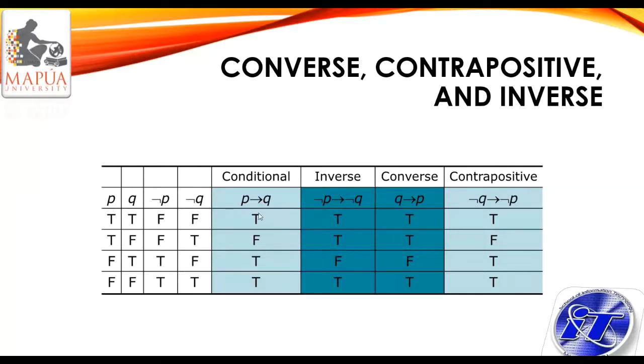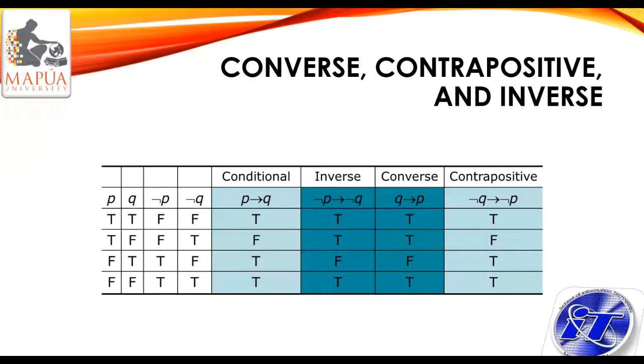P implies Q is the same as not Q implies not P. So we could write P implies Q as not Q implies not P, or vice versa. We're going to use these forms when we prove something in the next video lectures. So again, conditional and contrapositive are equivalent, inverse and converse are equivalent, but conditional is not equivalent to converse.